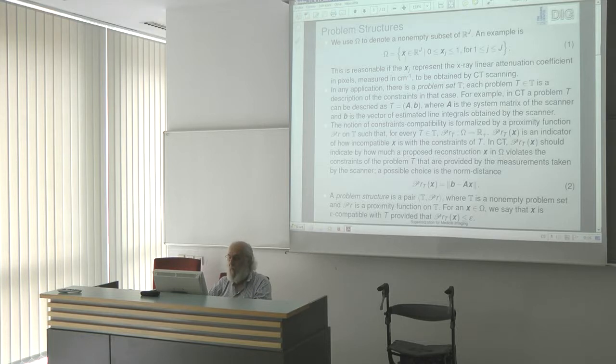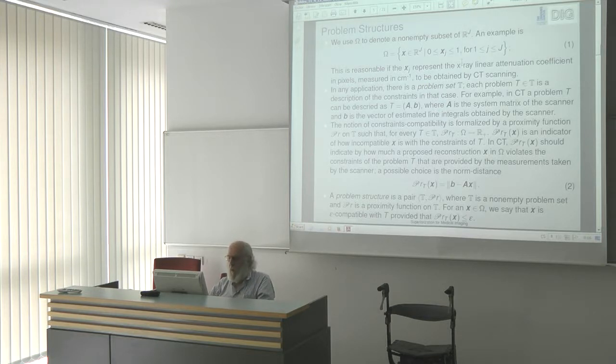And one possible way of defining omega is that only those images are in omega which are non-negative and where the value at every pixel is less than or equal to 1. This could be omega: the set of all images where the grayness is between 0 and 1 in each pixel.